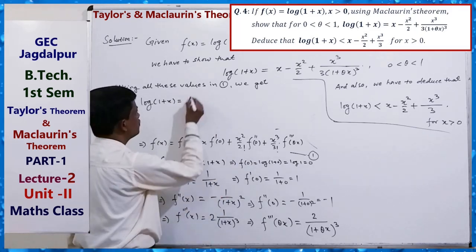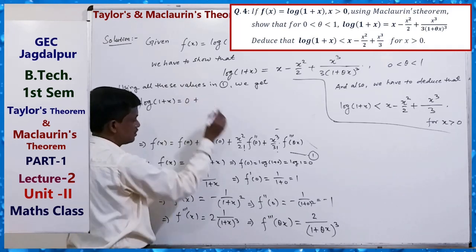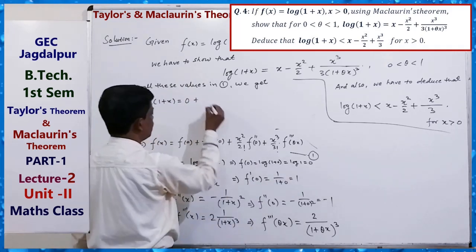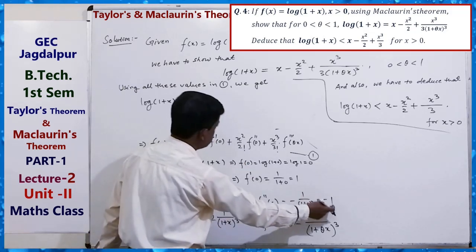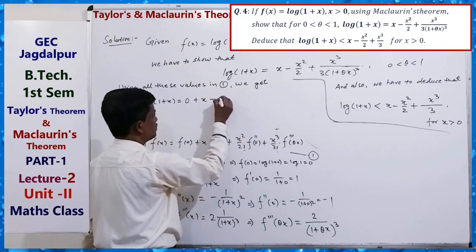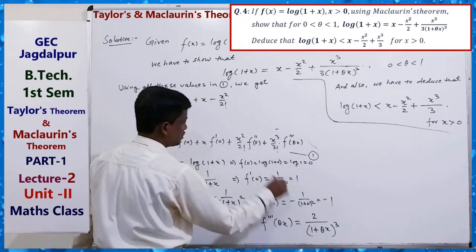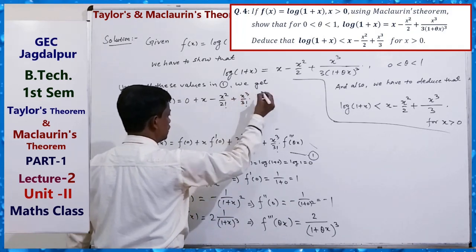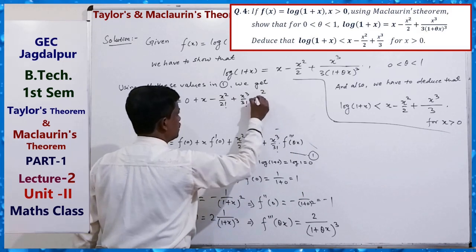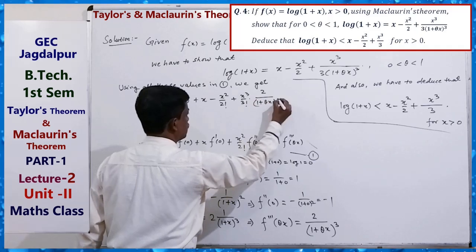Here f(0), the first value, is 0, plus the second value x times first derivative 1, which is x. Now minus 1, so minus x square by 2 factorial, plus x cube by 3 factorial into this value 2 by (1 plus theta x) cube.